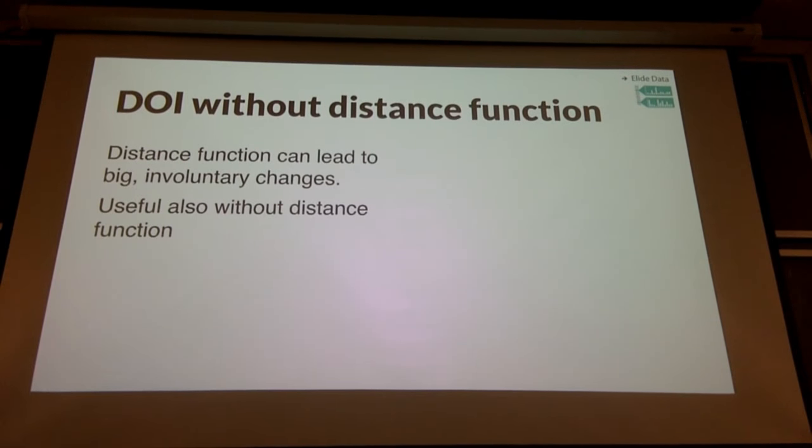If you work with these DOI trees, for example, and it doesn't only apply to trees, it applies to anything, what you do if you click somewhere is you reveal information, and that can be quite involuntary. So I personally prefer to use this DOI mostly with a priori interest, and then let people explicitly specify what they are interested in, instead of using this distance function in addition to that.